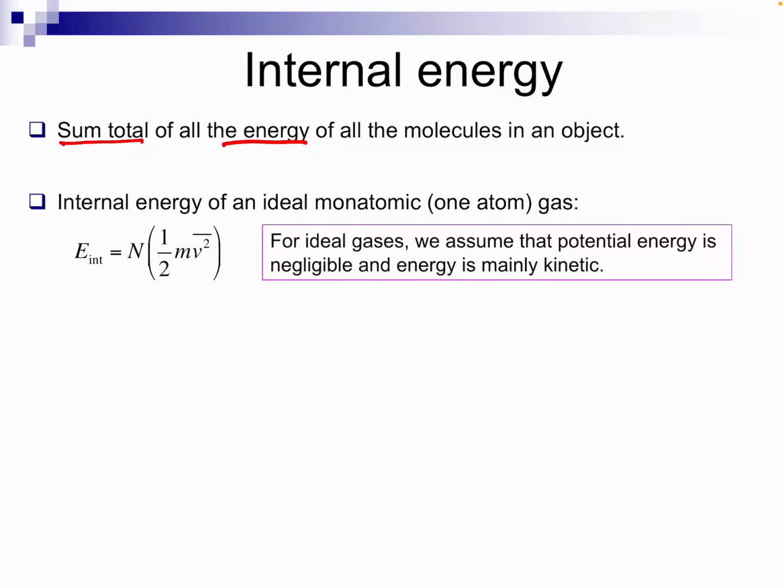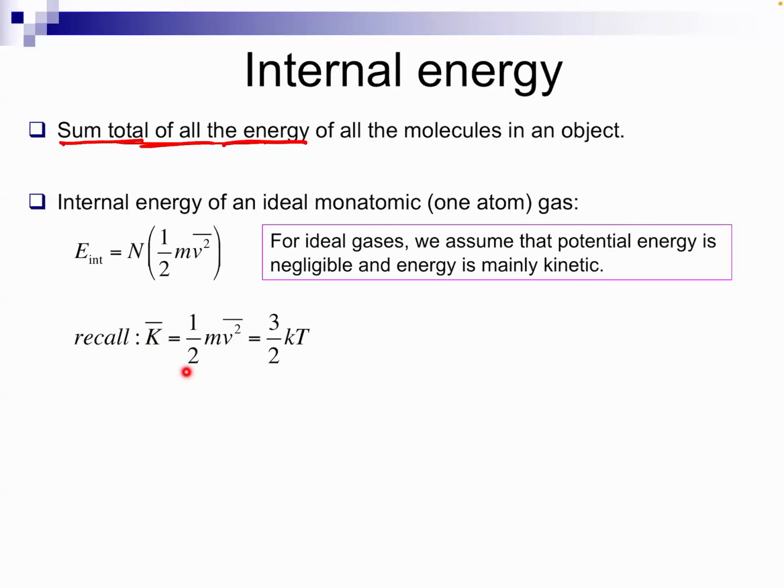So as a result of that assumption, the internal energy, or the total of all the energies of the molecules in the object, will therefore be equal to the total kinetic energy, the number of molecules n times the average kinetic energy of each molecule.